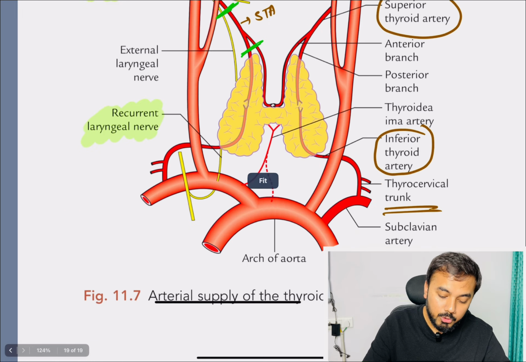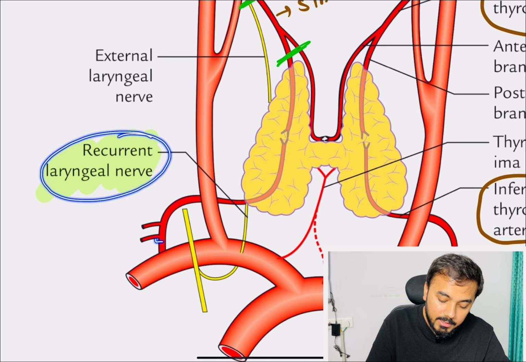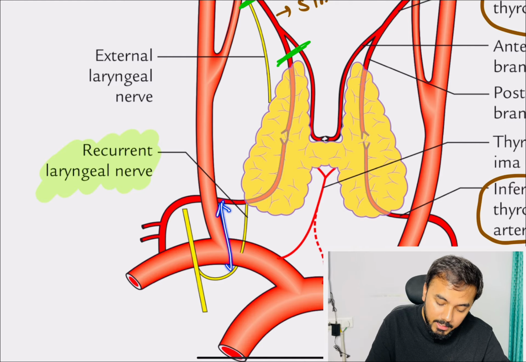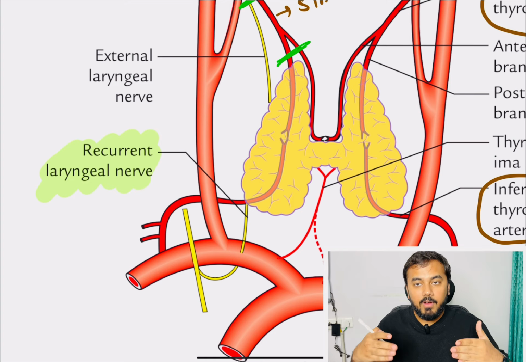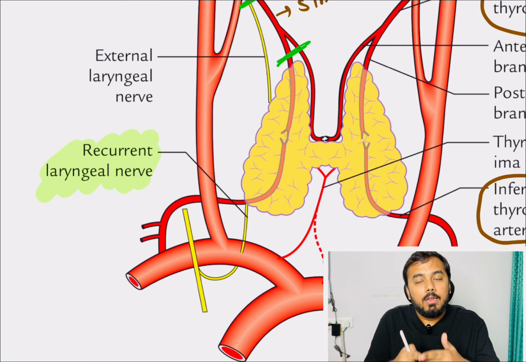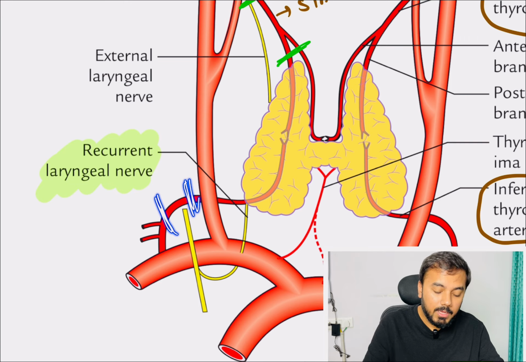Next, when it comes to the inferior thyroid artery, you see here, initially the recurrent laryngeal nerve, and this is your inferior thyroid artery. Initially look at the distance, guys. Initially they are very far, but as the gland is approaching, you see the distance. Now they have come so close. Now tell me, will you ligate it near the gland or away from the gland? You have to ligate it away from the gland.